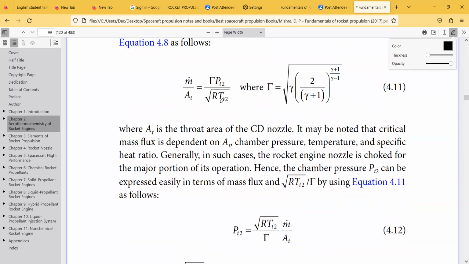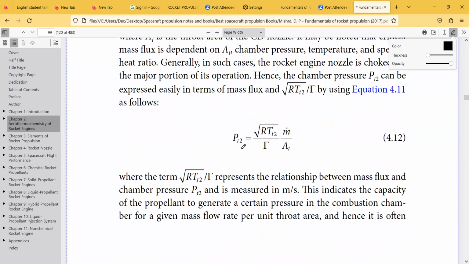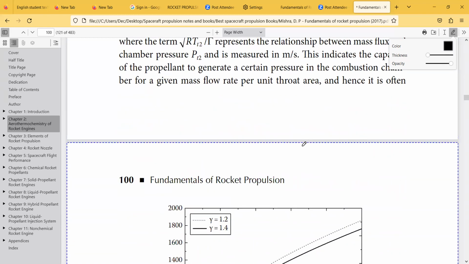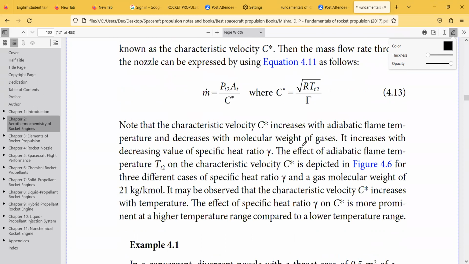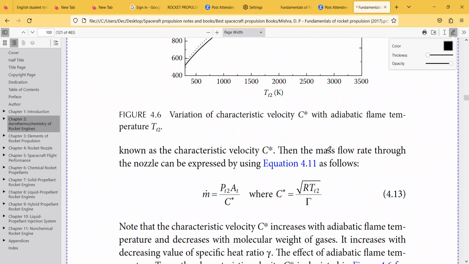Now the pressure at entrance, you can just rewrite this equation and finally get it. So you can find the pressure at the throat entrance, not exactly in the throat, but at the entrance. This T2 is the entrance. And the mass flow rate is in relation to the characteristic velocity, C star. We defined this C star in the previous lecture.